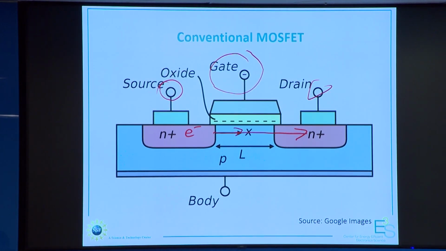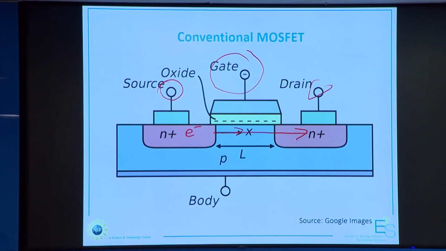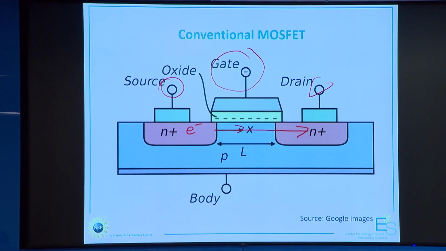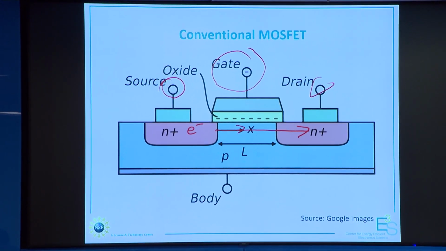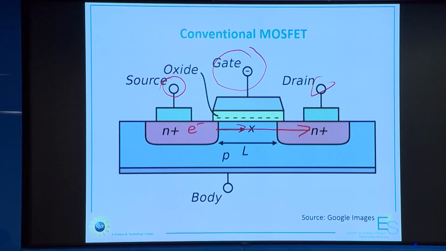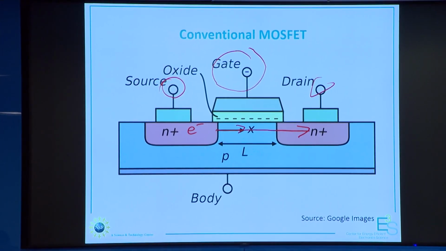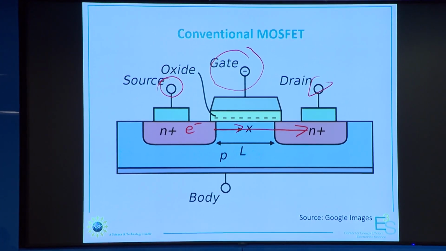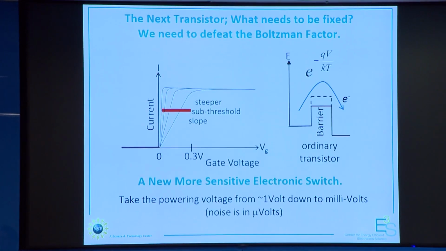So for the electrons to complete the circuit, they have to go over a potential barrier. And that's the way a normal transistor works today. But it's also the way all the modern concepts, like a carbon nanotube transistor, work. A potential barrier, and you have to surmount the potential barrier. Okay, and that's sort of universal. And so let's see if that gives us an opportunity to invent something better.